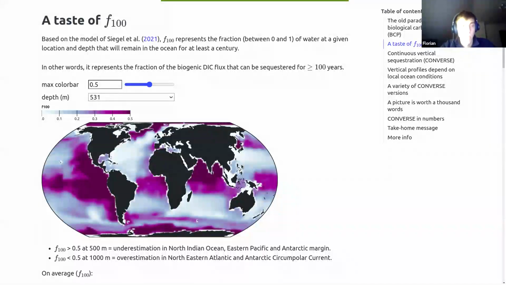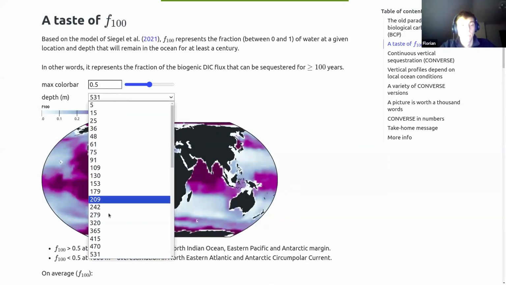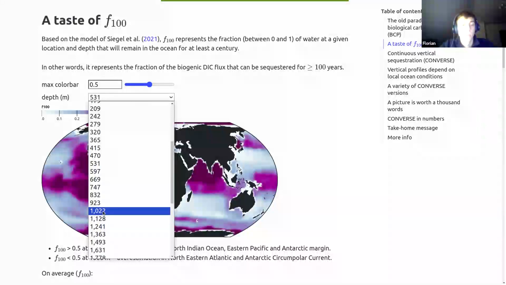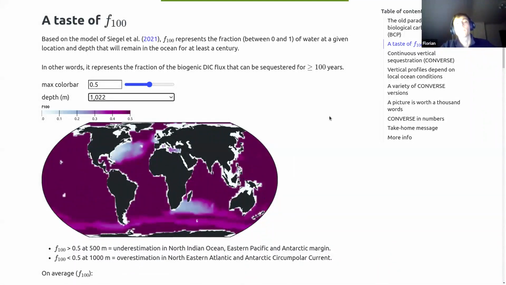On the other hand, if you go to 1,000 meters, you have regions where you do not have a factor of 1, which would mean full sequestration for at least a century. In those regions, if you say that sequestration occurs fully below 1,000 meters, you would overestimate the sequestration flux, meaning the northeastern Atlantic and the Antarctic Circumpolar Current.